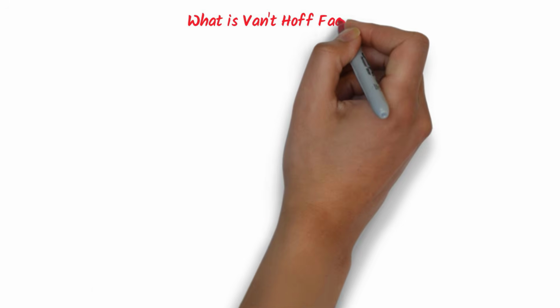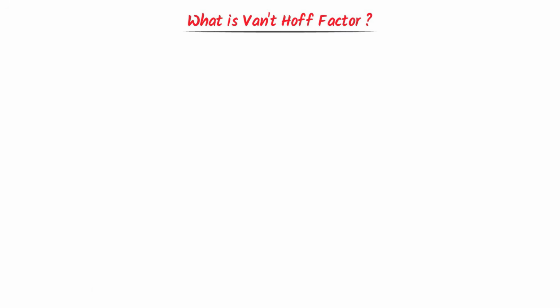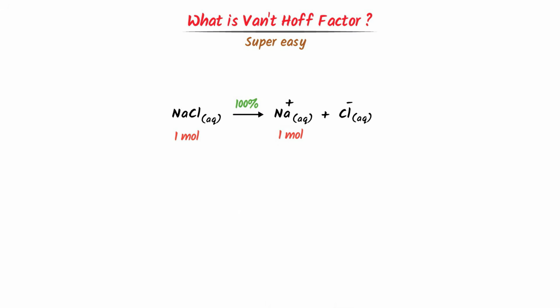Now what is Van't Hoff factor? Well, it is super easy. Let's consider this reaction. 1 mole of sodium chloride 100% dissociates to 1 mole of sodium ions and 1 mole of chloride ions in water. Now listen carefully.